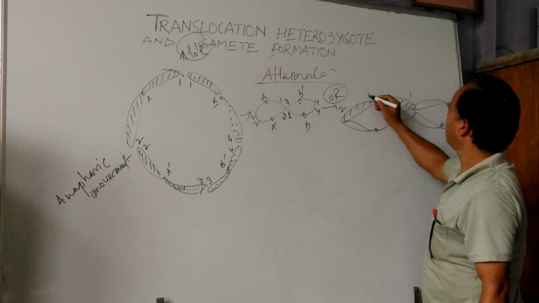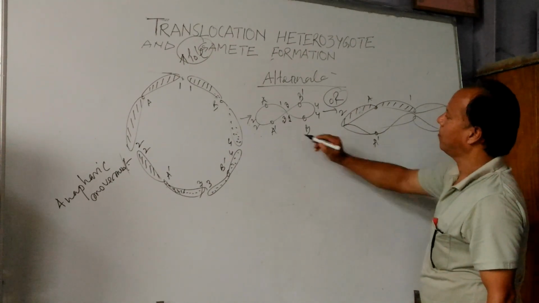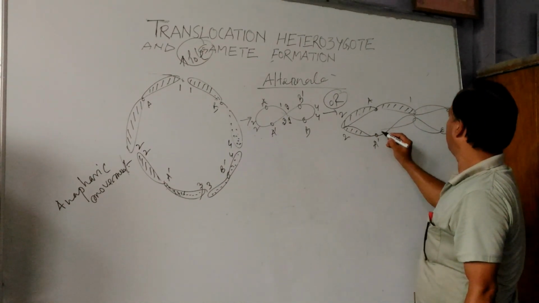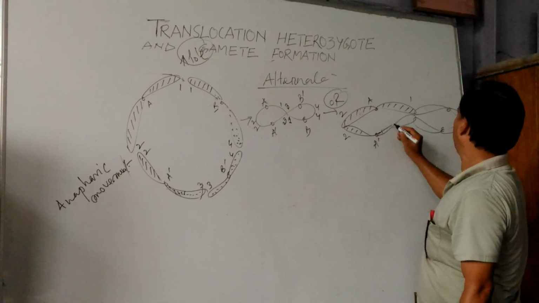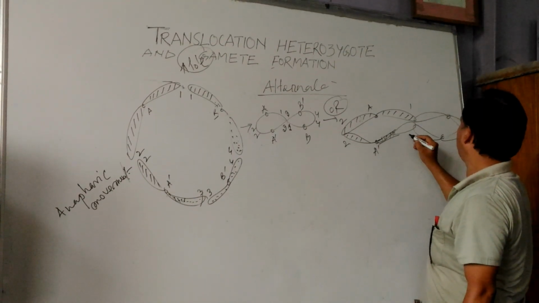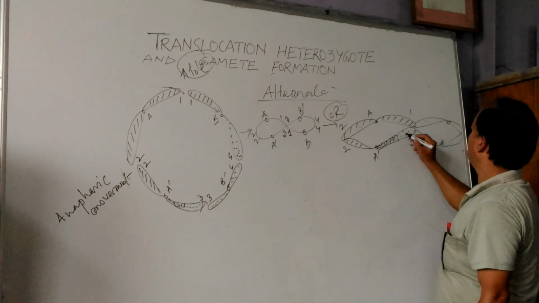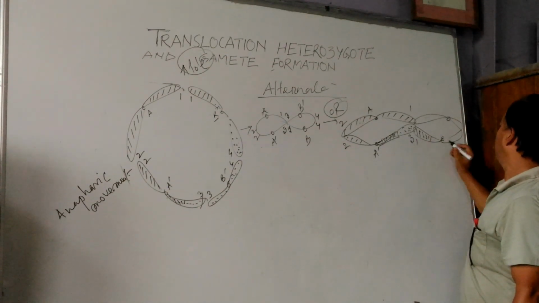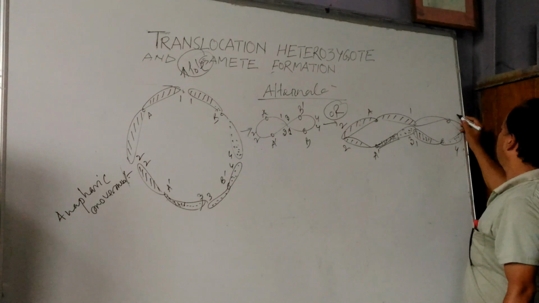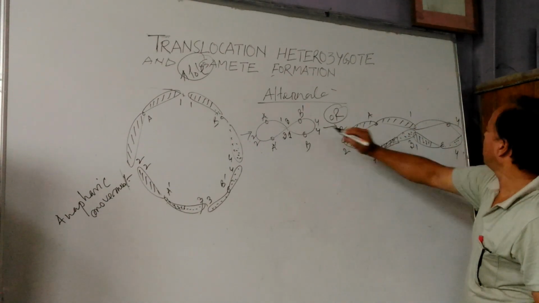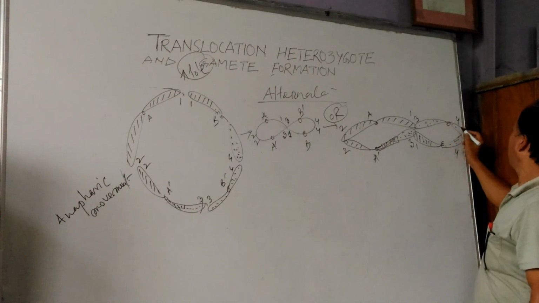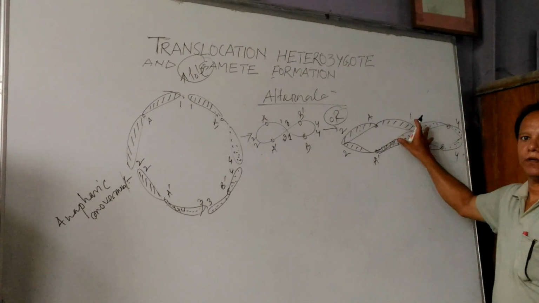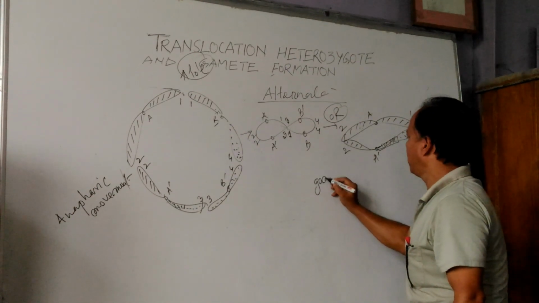So this one is the first chromosome having centromere A, this one is A prime, this one is gene 3, and here the respective genes. So this is the last configuration, and here the chromosomes are involved in the gamete formation.